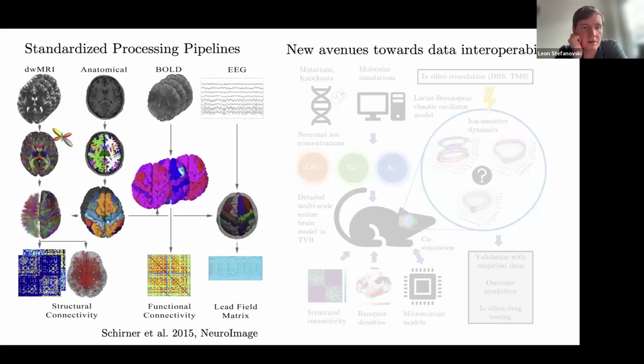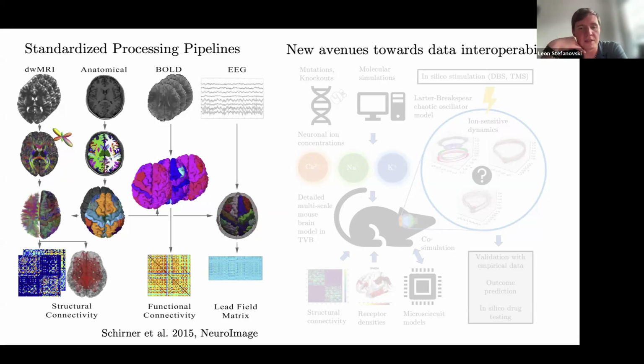This is actually quite an older one that describes how, in that case, the most important is diffusion-weighted MRI to create the structural connectivity, and usually functional MRI to get functional connectivity.